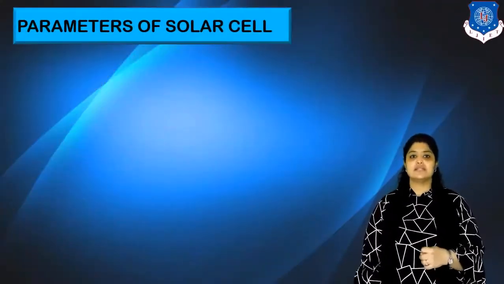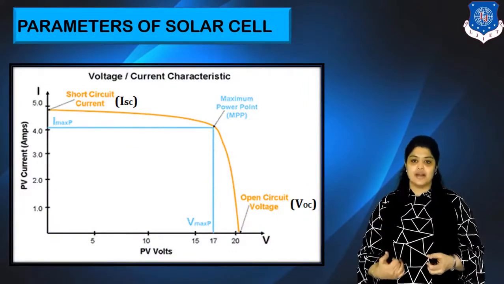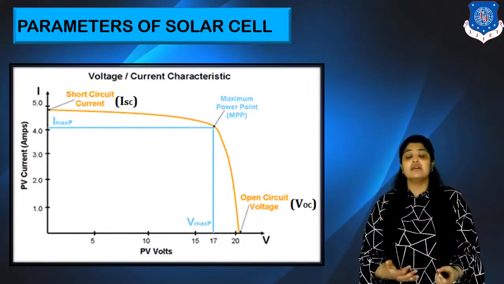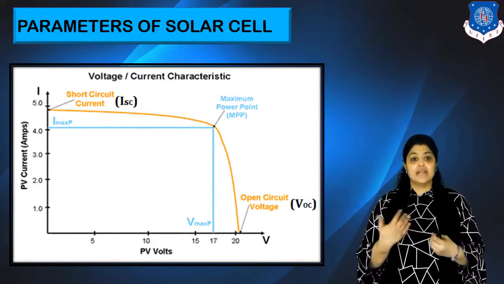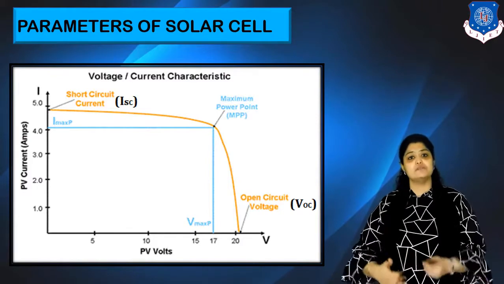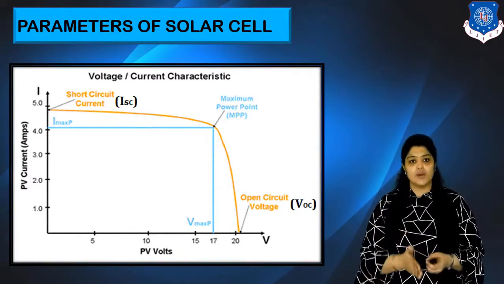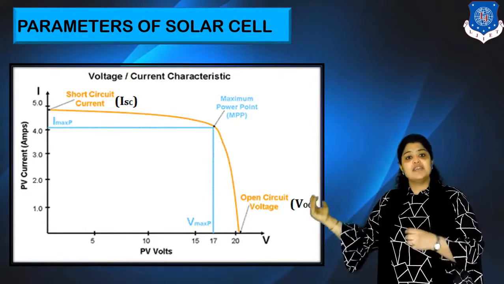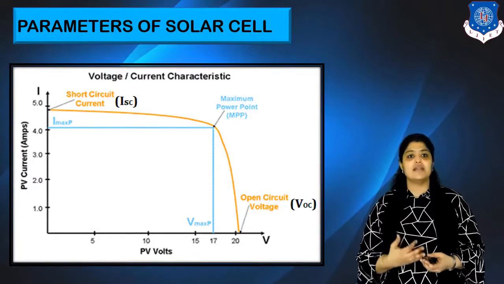Now let's discuss the parameters of a solar cell with the help of a graph. Parameters here means characteristics of the solar cell. Whenever we discuss characteristics, we discuss them with respect to voltage and current. So voltage is on the x-axis and current on the y-axis. We have PV in volts, the photovoltaic voltage, and current in amperes.